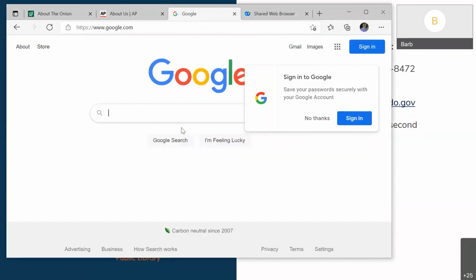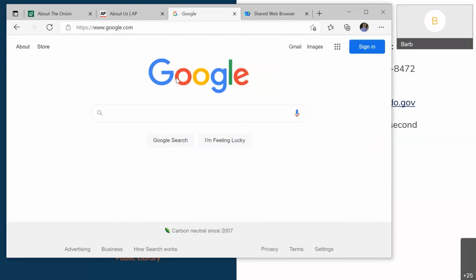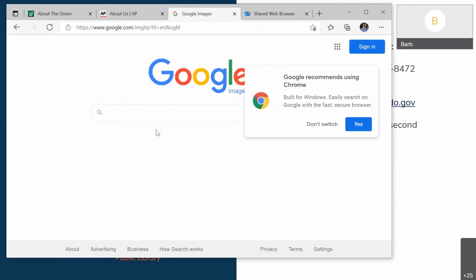Most of us are familiar with this Google search page, right? This is where we start a lot of our information consumption, which is fine. It's totally great. Do be aware that Google has an algorithm just like social media does, and you're likely to get things that Google thinks you want to see. So you may need to dig deeper. But the other fun thing that Google can do is this reverse image search.